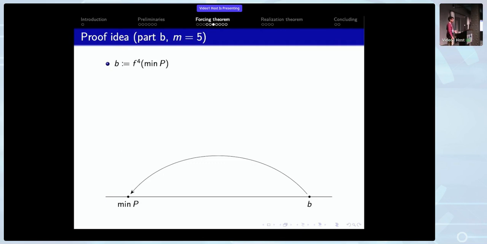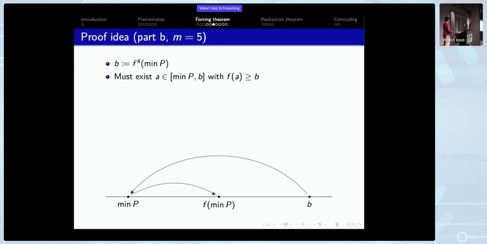And then this point at the bottom is the minimum point of P. B will be defined by f to the 4 of min P. The reason I've used 4 here is because it's m minus 1. So the key thing about B is that it maps to the minimum of P. Now, I claim that there must exist an A in between these 2 points, where when you hit it with f, you end up above B. Why is that true?